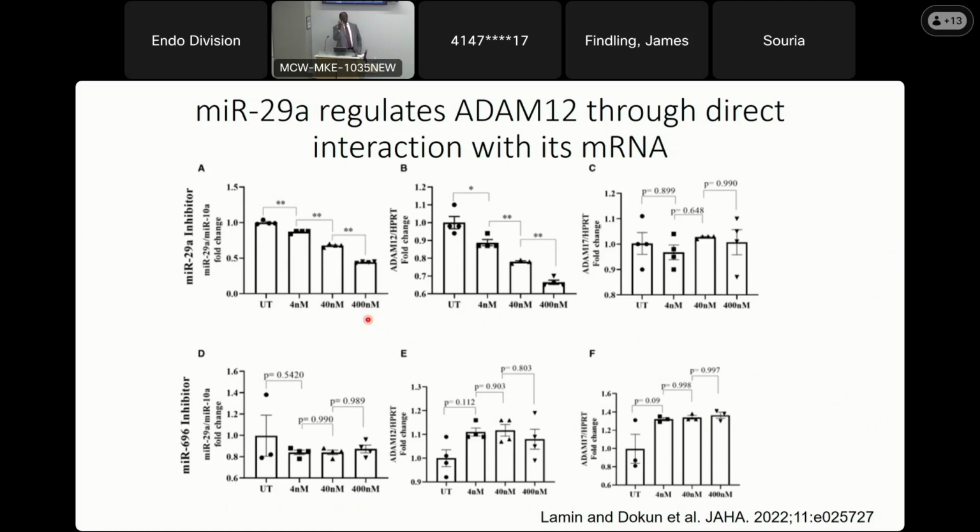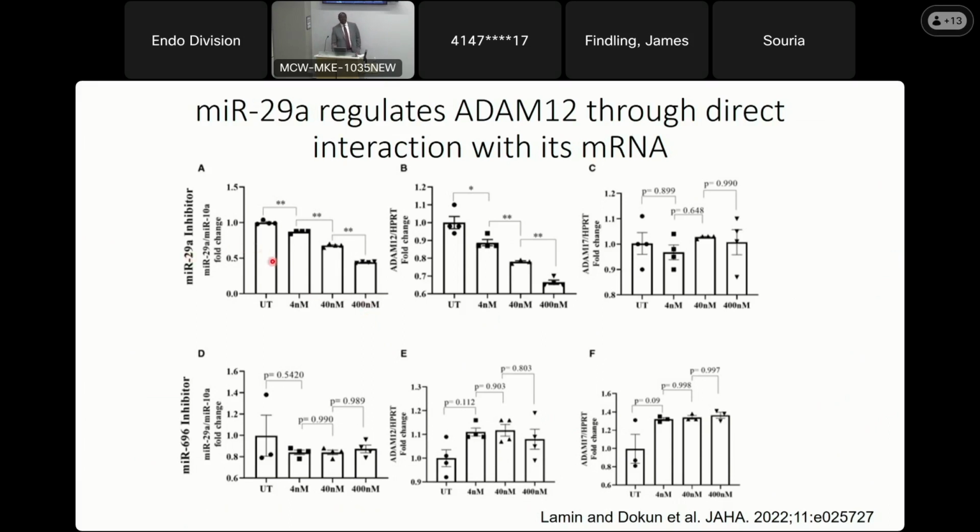So basically, we pull down a protein complex that has both the microRNA and the mRNA interacting together. So essentially, as you titrate different doses of the inhibitor, you can pop off the microRNA as well as the mRNA from that complex if there's direct interaction. But if not, you wouldn't expect a dose-dependent loss of the microRNA or the mRNA.